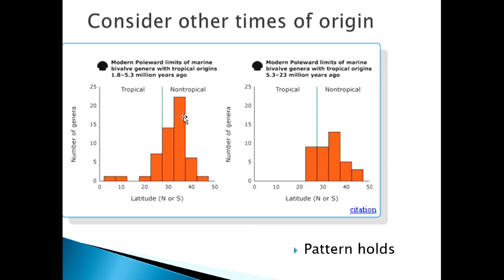And there's that pattern. More of these things migrate out of the tropics to the non-tropics. You can look at older bivalve originations between 5 or so and 23 million years ago, and again, there's more of a migration outward. So the pattern holds.